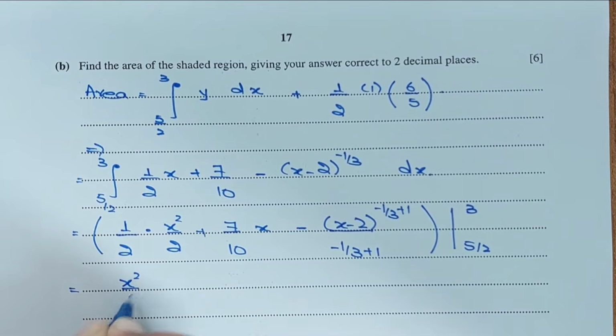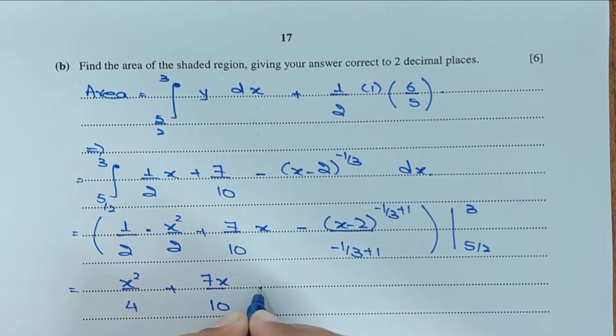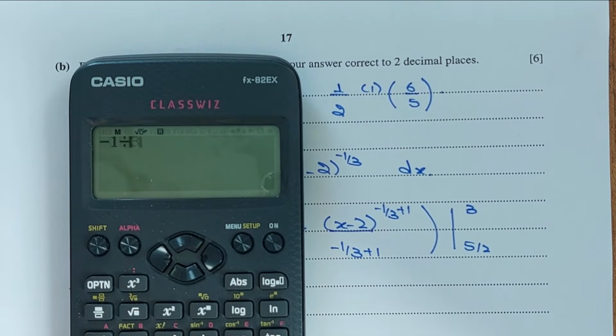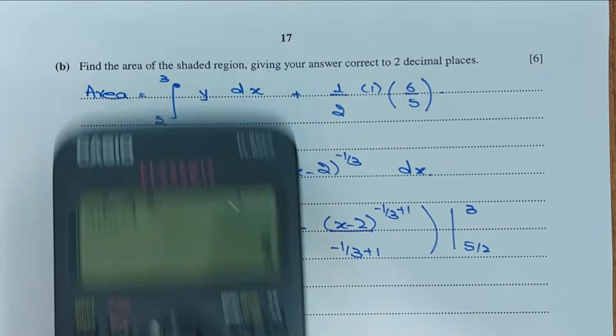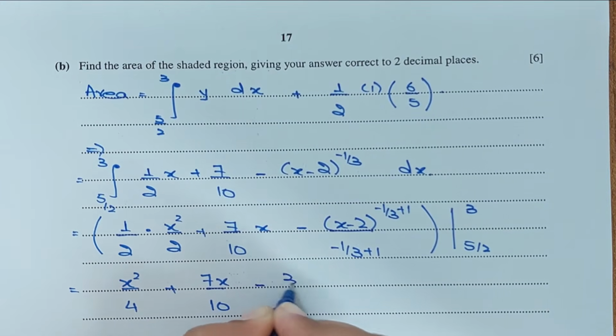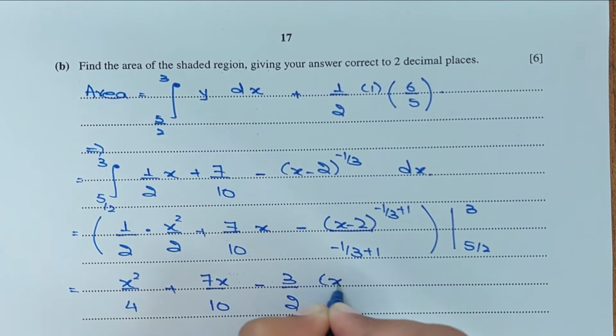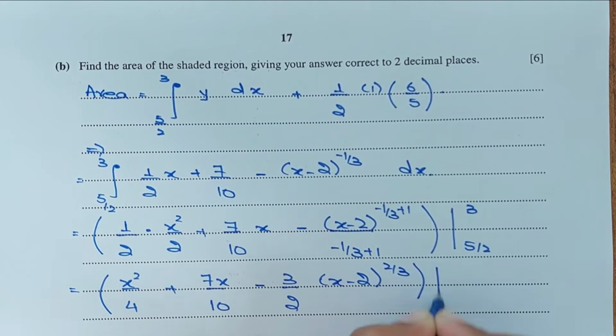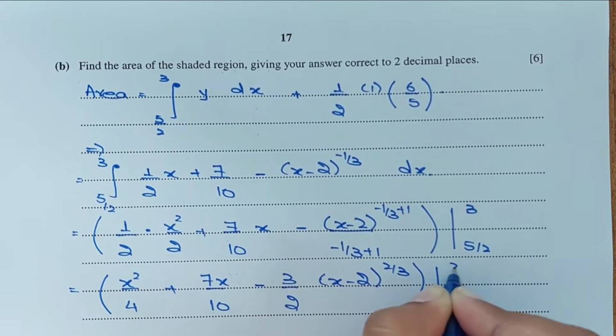So x squared over 4 plus 7x over 10, minus 1 over 3 plus 1 is 2 by 3, so negative 3 by 2 times (x minus 2) to the power 2 by 3, with the upper and lower limits 5 by 2 to 3.